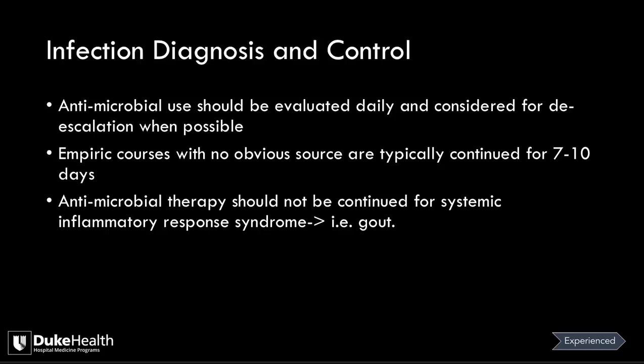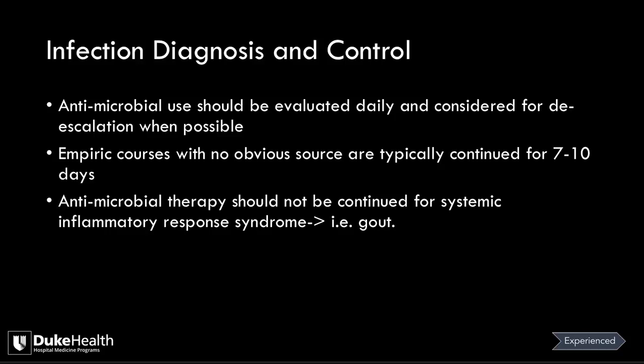It's important to always evaluate the antimicrobials that you're using, and we should look at those daily and consider them for de-escalation when possible. If a patient has rapid clinical improvement, it oftentimes is appropriate to de-escalate to the most likely source in the first 24 to 48 hours. Empiric courses for culture-negative sepsis are typically continued for 7 to 10 days.